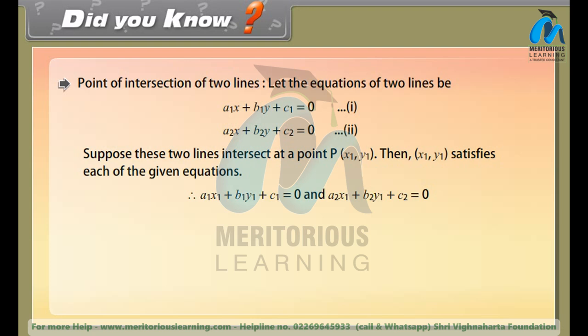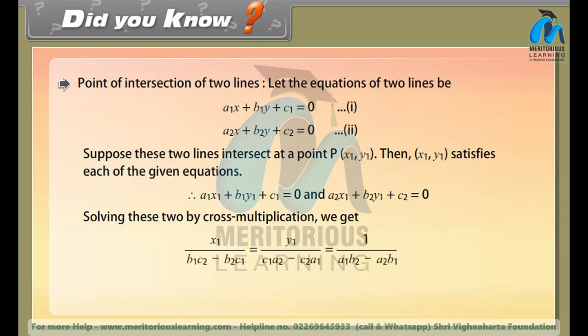Solving these two by cross multiplication, we get x1 / (b1c2 - b2c1) = y1 / (c1a2 - c2a1) = 1 / (a1b2 - a2b1). It implies x1 = (b1c2 - b2c1) / (a1b2 - a2b1) and y1 = (c1a2 - c2a1) / (a1b2 - a2b1).